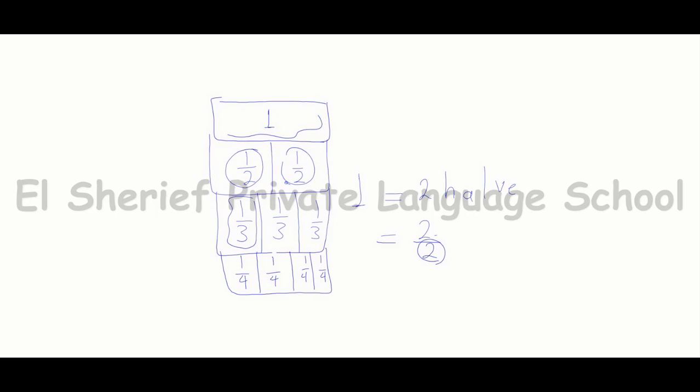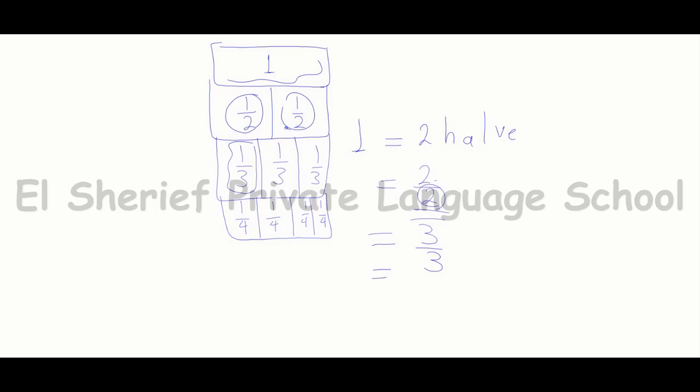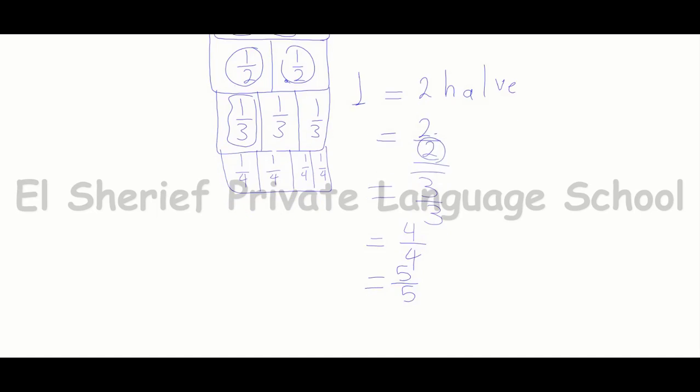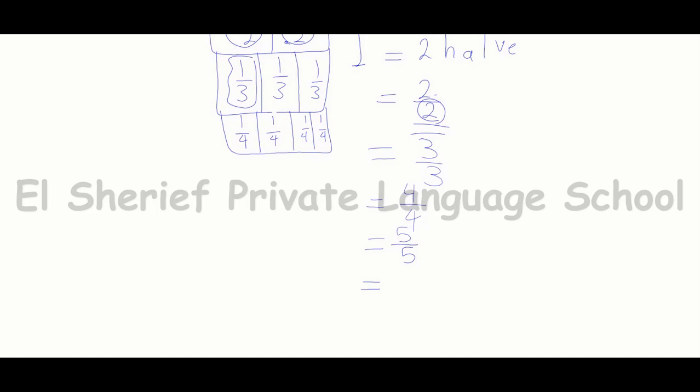So we get 2 halves, and the whole one also equals 3 thirds, equals 4 quarters, and so on, equals 5 fifths, equals 6 sixths. Okay? So this is the meaning of fractions and how to read them.